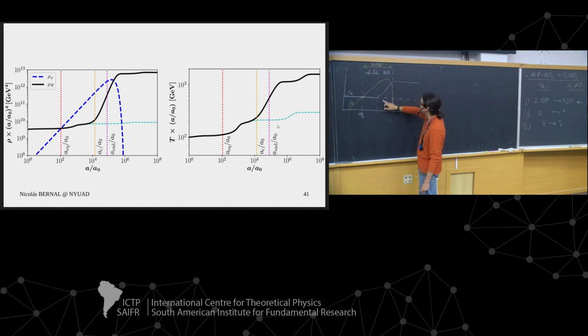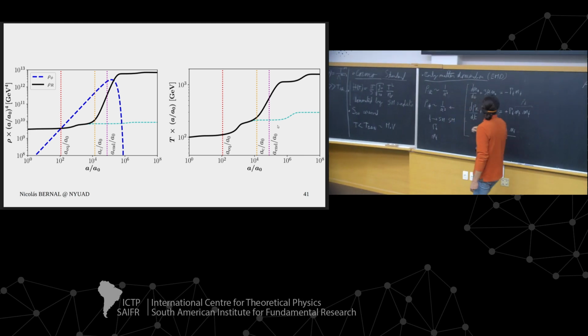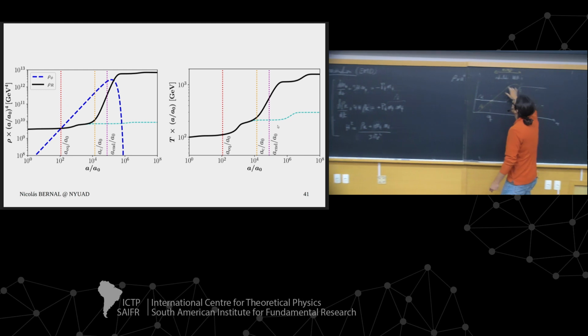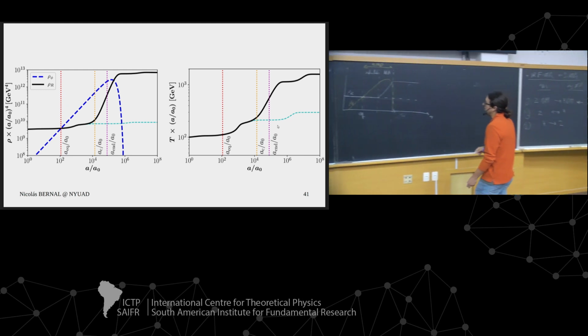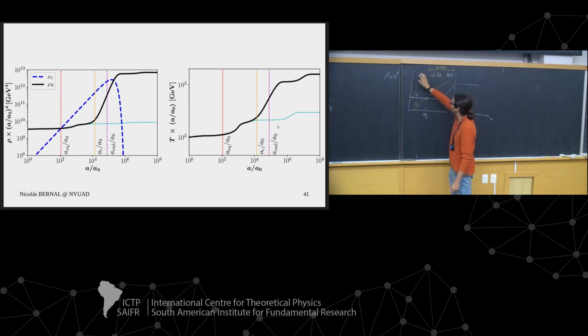So the radiation will have a different scaling than the expected one, because it has a source. Radiation scales like 1/a^4 if it is free radiation, but not always. So this is basically what you see there, right? Radiation domination, early matter domination, and radiation domination back.